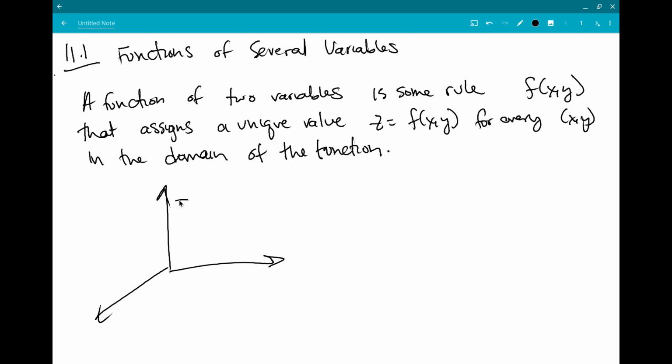And so an example of this, there's a function. Every location you pick, you could go up and know the value z that's assigned to it by this function.